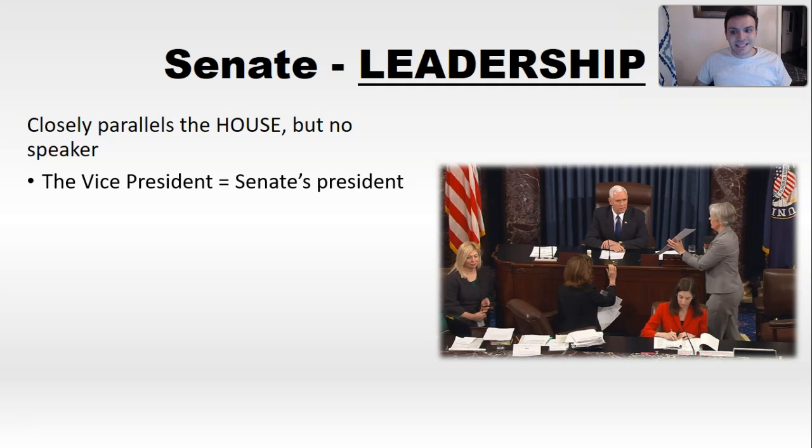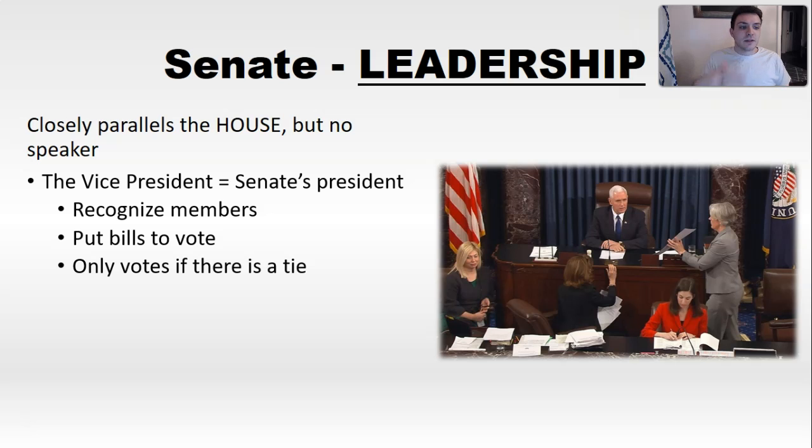The Vice President is seen as the President of the Senate. And they have a couple different duties. They are in charge of recognizing members to speak when we are debating and things of that nature. They are in charge of putting bills to vote. And we've already looked at this when we did our primary source analysis. But the Vice President does not vote unless there is a tie within the Senate. Think about it for a second.